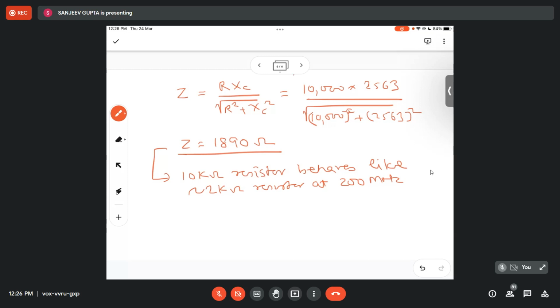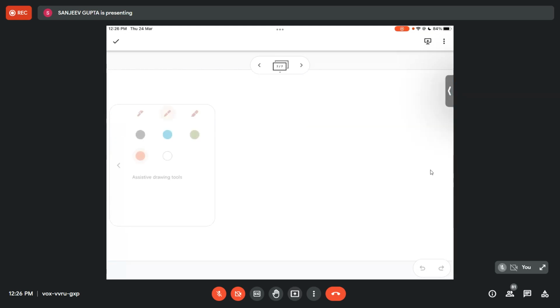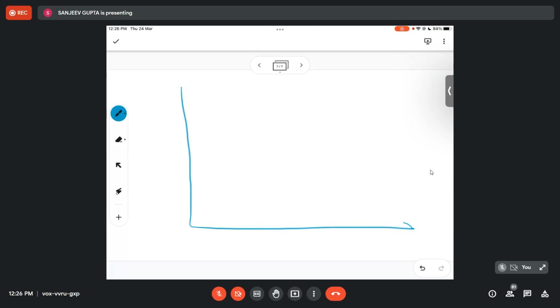So if I plot this value of resistor versus frequency, just to give you one example, and if I plot the impedance value of the resistor, which is nothing but Z, in ohms as we have just calculated.